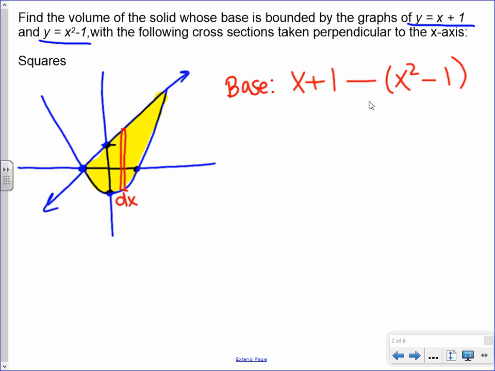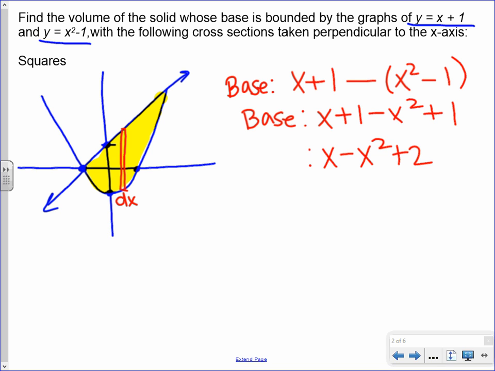Okay? So the base of each figure that we would draw here is x plus 1 minus x squared plus 1, right, if we distribute that negative. So let's go ahead and write it as x minus x squared plus 2. Okay, that's how long that rectangle is that we drew.